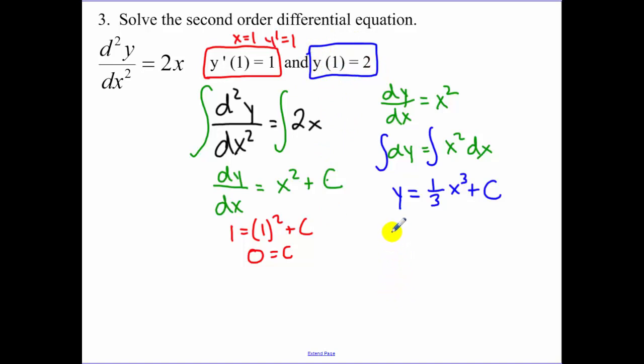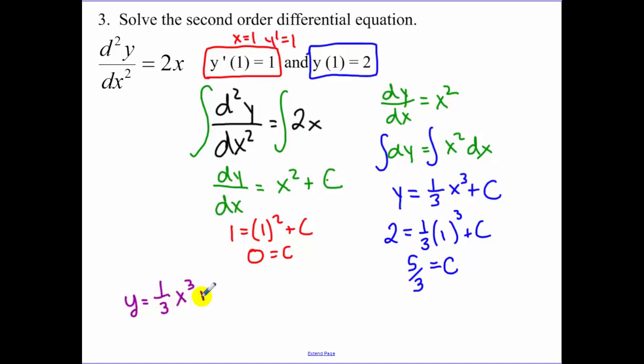Okay, so I know that y equals 2, x is equal to 1, so therefore c ends up equaling 5/3. So our end answer is y equals 1/3 x cubed plus 5/3.